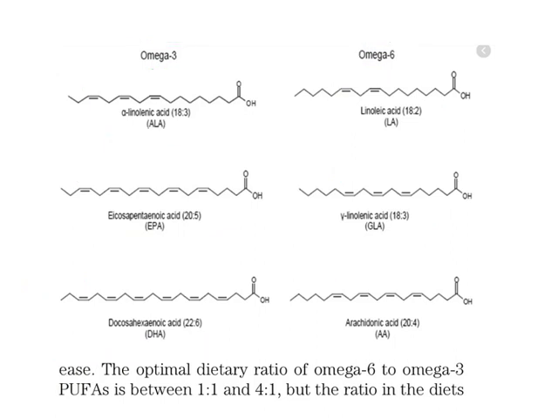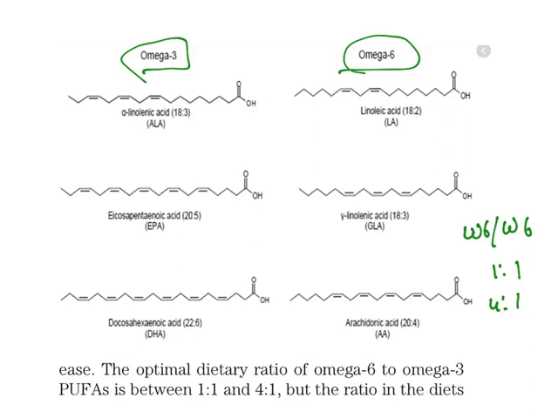Now there is a significance for this nomenclature. Omega-6 and omega-3 fatty acids play a major role in our health. For example, according to the American Heart Association, the ratio between omega-6 to omega-3 fatty acid should be between 1:1 to 4:1.